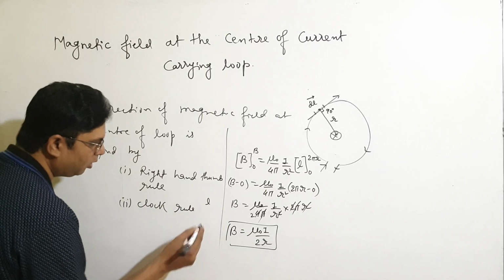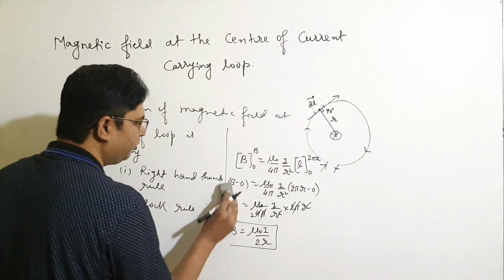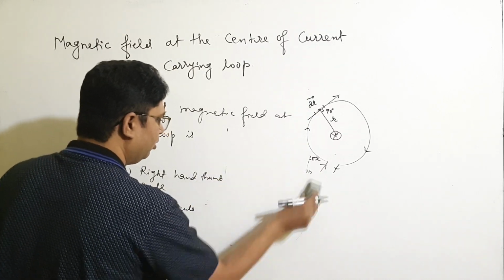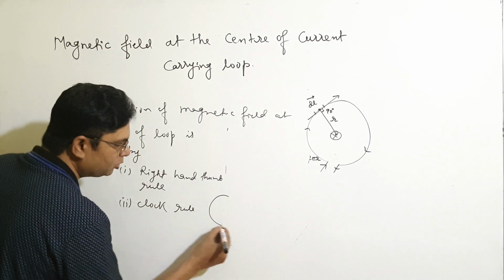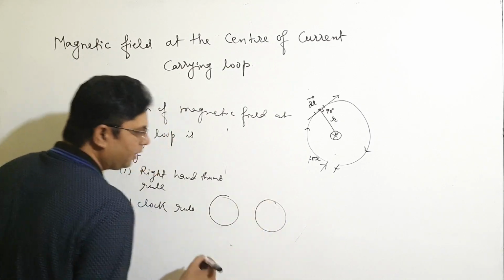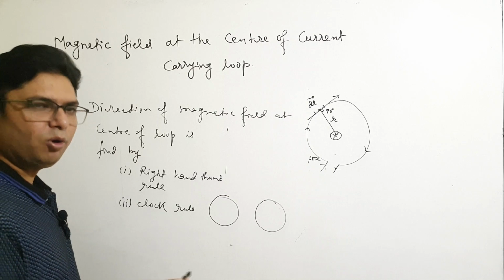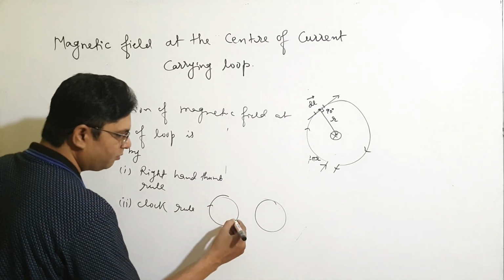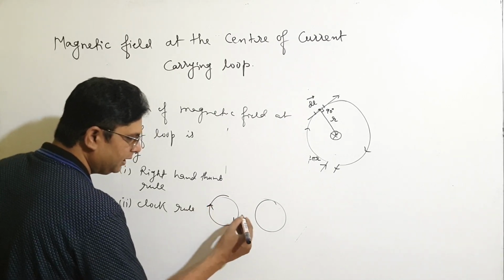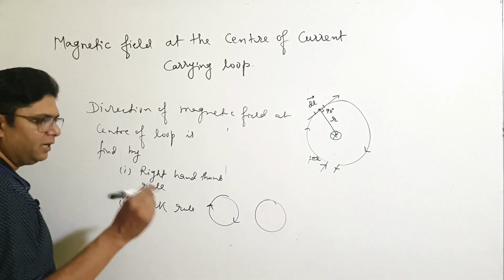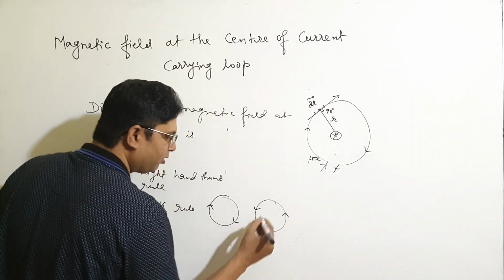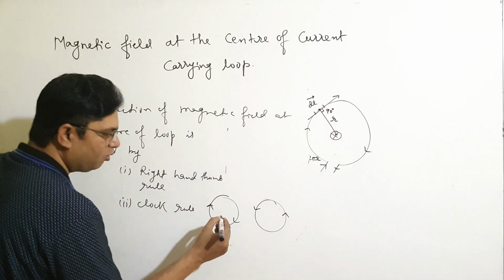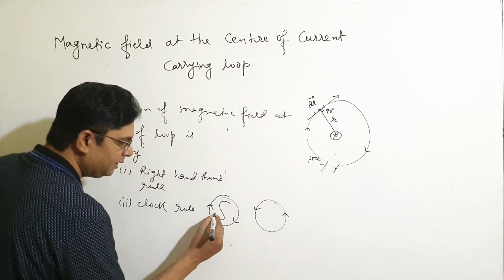Clock rule. Now, what is the clock rule? It is a new thing for you. Let's understand the clock rule. Here for the clock rule, draw two circles. In one circle, current is rotating clockwise. So this is the direction of current, clockwise. On another circle, the current is moving anti-clockwise. This is the direction of current, anti-clockwise. So for clockwise, this represents south.